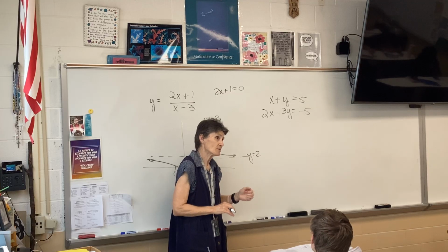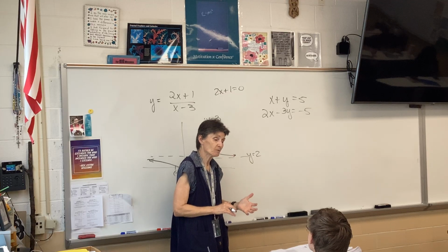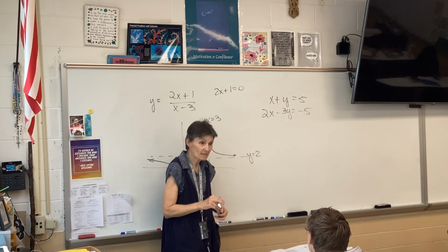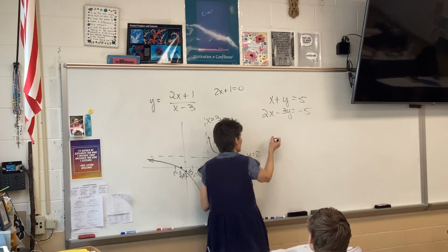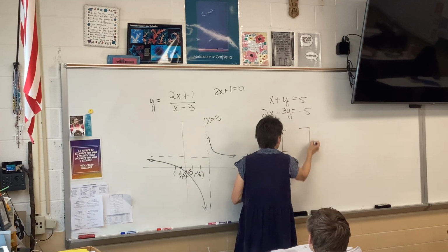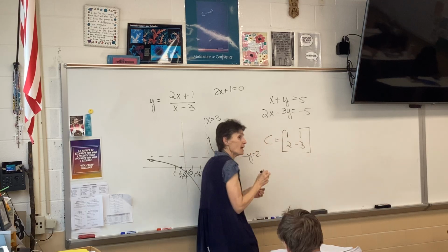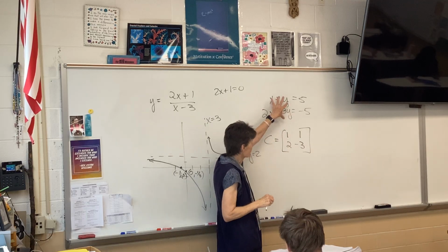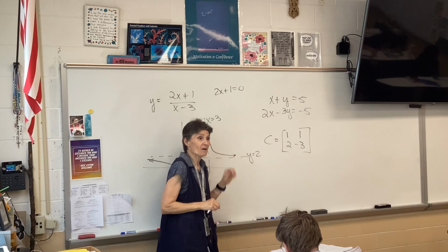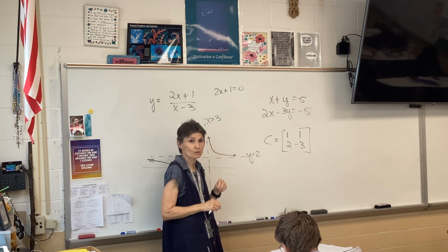Alright, so we did this yesterday. First thing you have to do is find the inverse of your coefficient matrix. And as Michael just said, those are the coefficients, right? To find the inverse, you need to find the determinant.